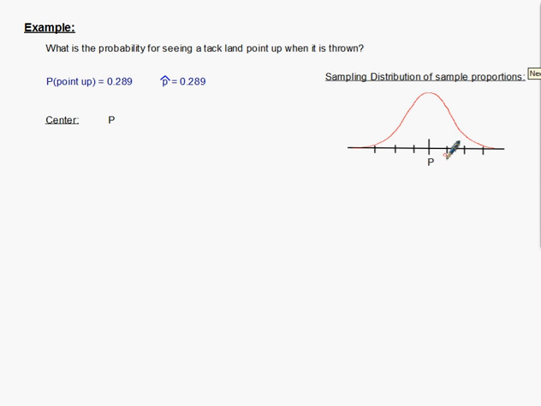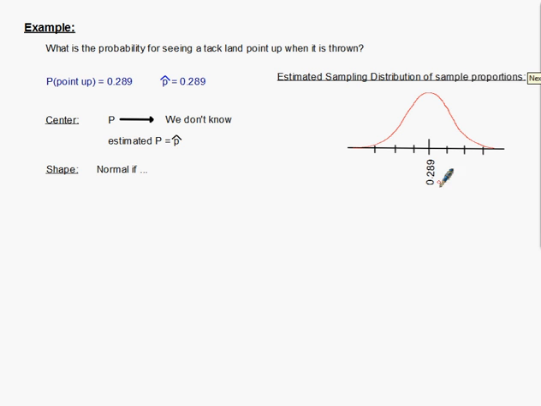And the sampling distribution will be centered on the true population proportion, which we don't know. So what we're going to be doing is estimating this true population proportion with our sample proportion. And that's going to become an estimated sampling distribution, centered around our 0.289.